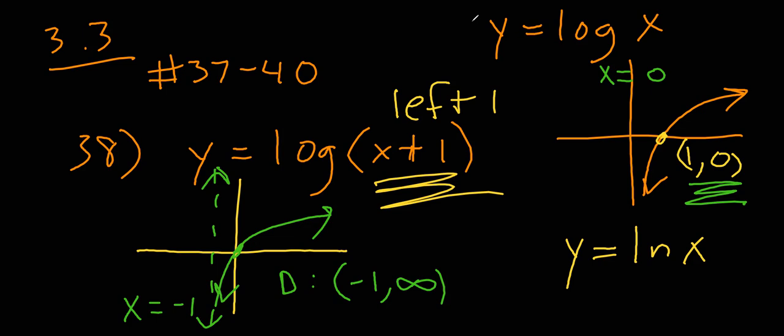Now, I see in the 37 to 40 range, they're getting some ugliness going on there, where they're reflecting and they're shifting. I don't think I'm going to get too complicated in how I ask you to graph them, but you should be able to look at 39 and go, oh, it moved right 3.